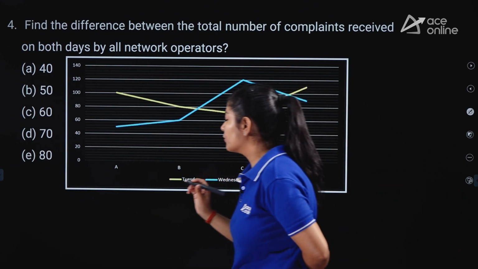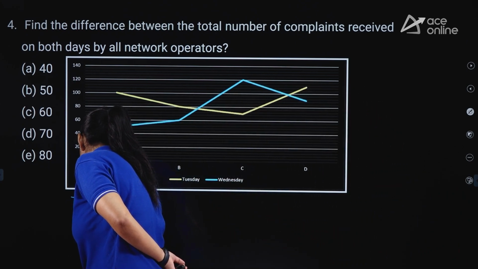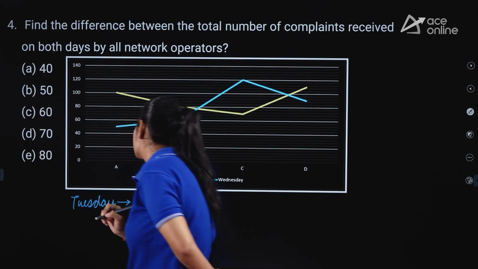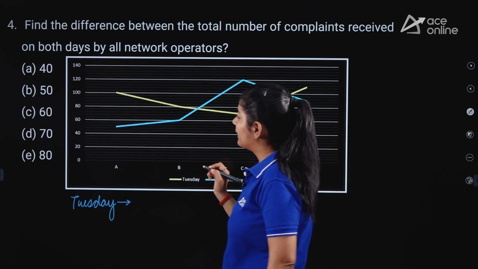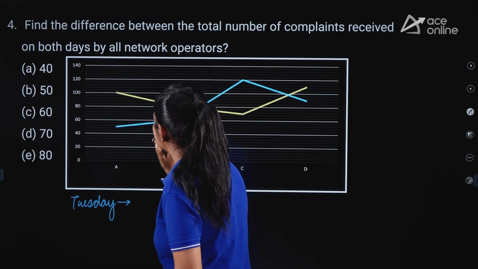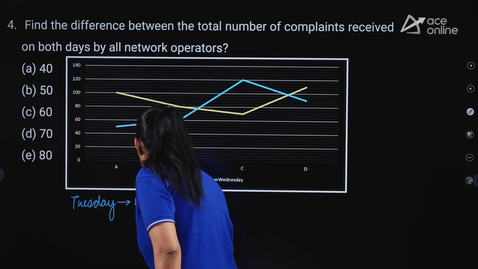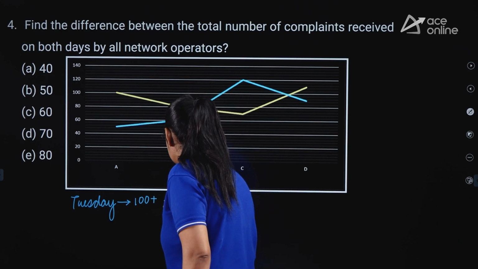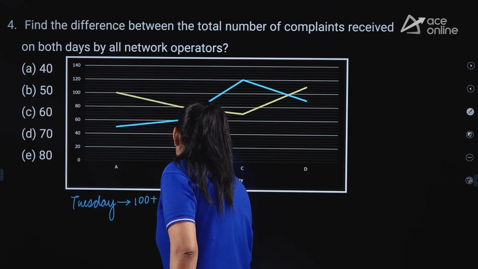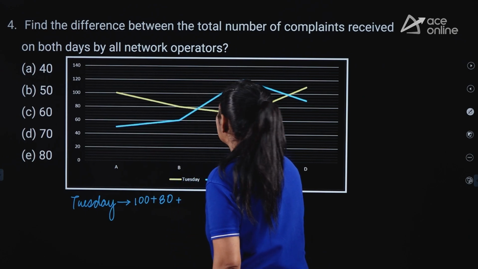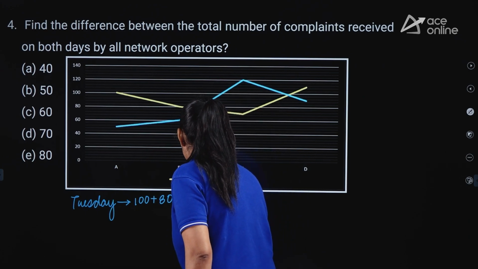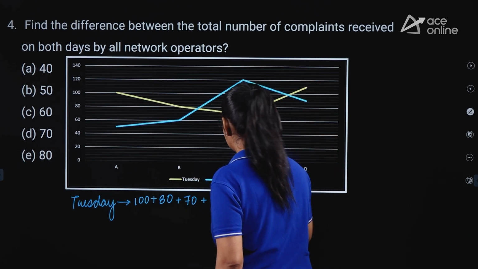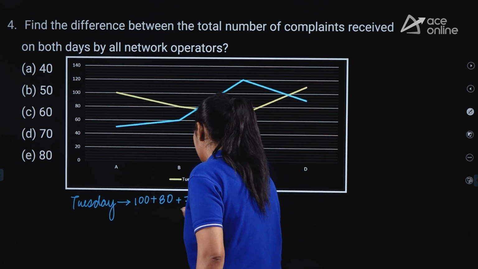For Tuesday, the values that we have are 100 plus 80 plus 70 plus 110, right?